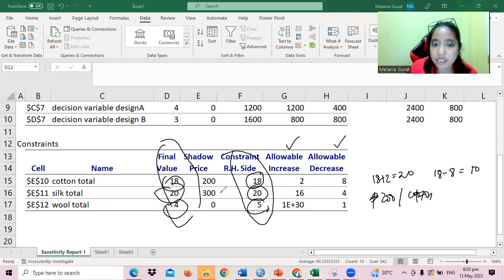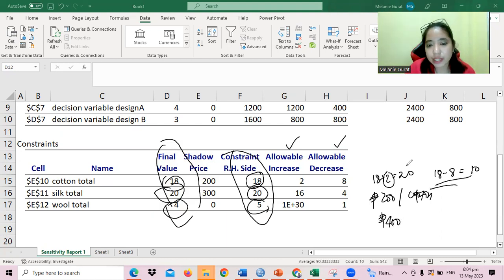The shadow price is 300 pesos, so this means that in every increase that we make for the silk, there will be an increase of 300 pesos. So if we have an increase of 2, then there is an increase of 400 pesos in the shadow price.